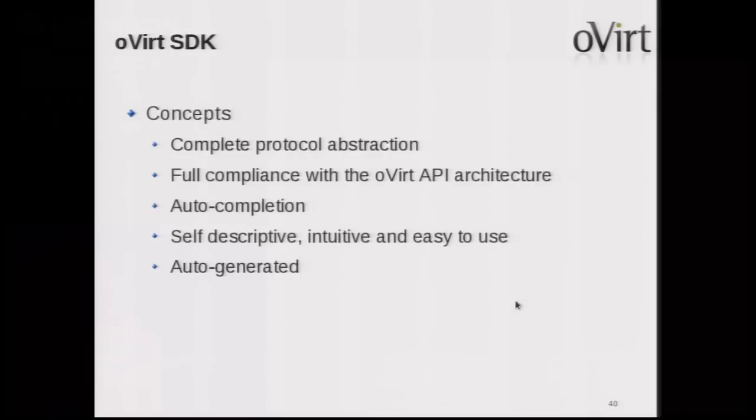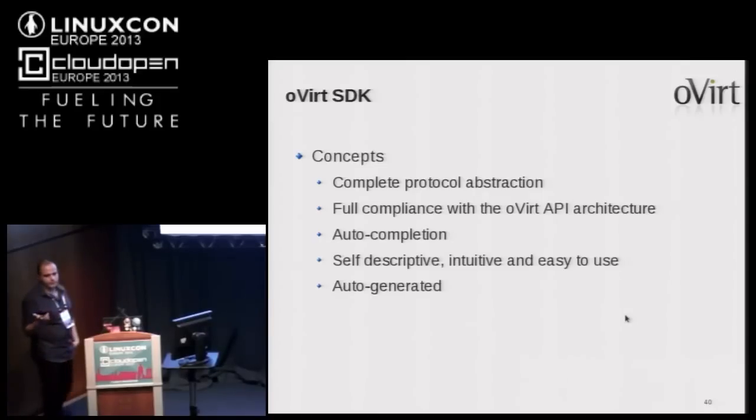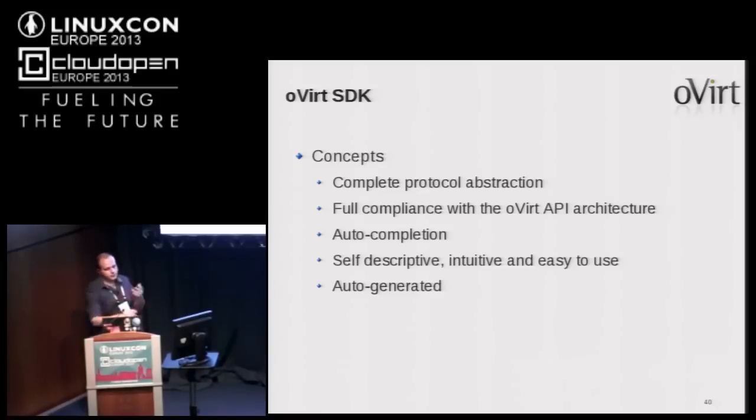So again, the concept is to have a complete protocol abstraction, just like the CLI, just like the API, with full compliance with the oVirt API. Auto-completion is more a feature of your development environment, but you can use that. It's very intuitive to use.